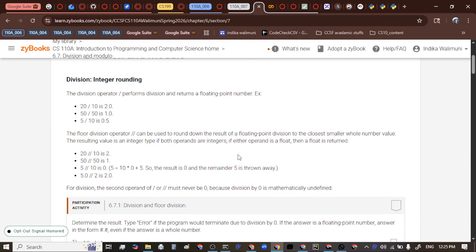Okay, and there's integer division, where we use a double division symbol. So this is called floating point division, and this is called integer division. Let's check the type of that.